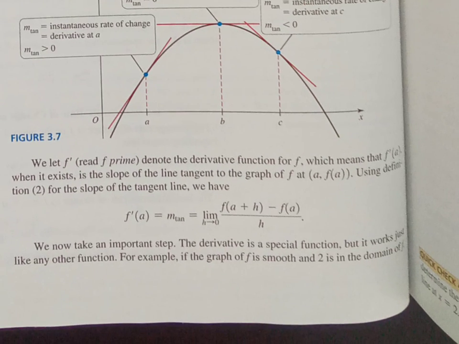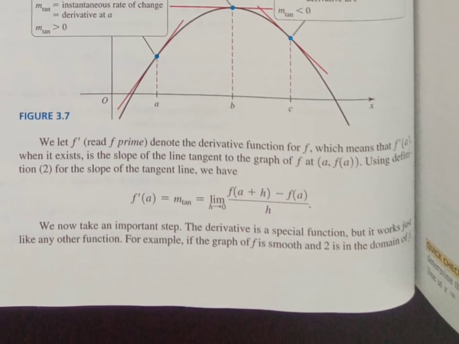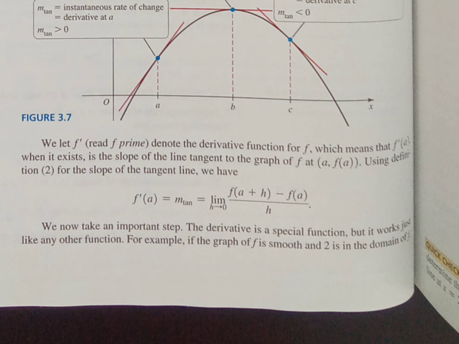All right, now we're talking about notation. If you see f prime, they're talking about a derivative. You got to know that. Now they're saying two different things here. First, if we want the derivative at a specific point, which is what we've already done, we could have notated it this way.